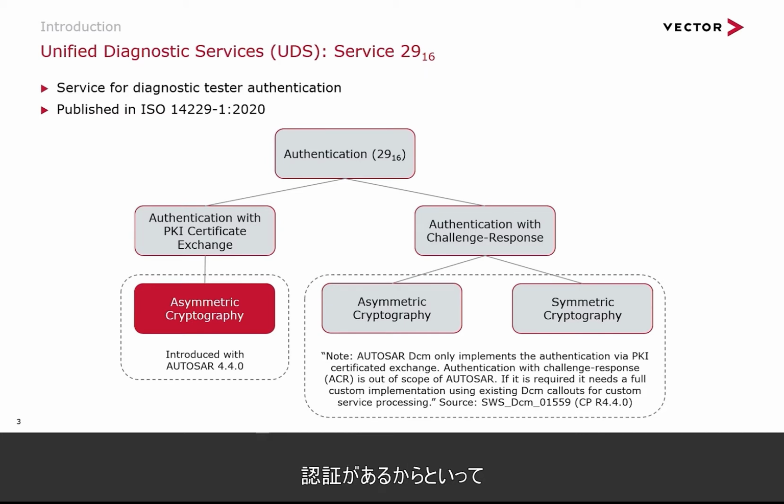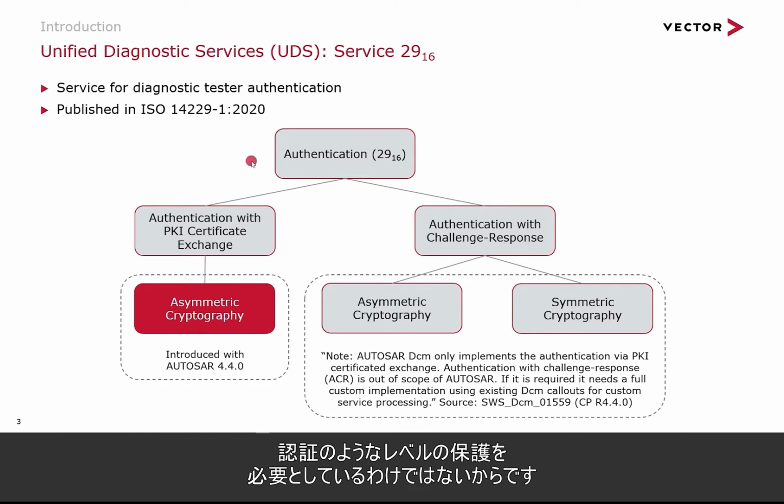It's important to note that this is not a replacement for security access. Just because we have authentication doesn't mean that we don't necessarily have security access still. Security access is going to stay around for some time to come, because not all ECUs need the level of protection that authentication comes with, because authentication comes with a cost due to this part here.